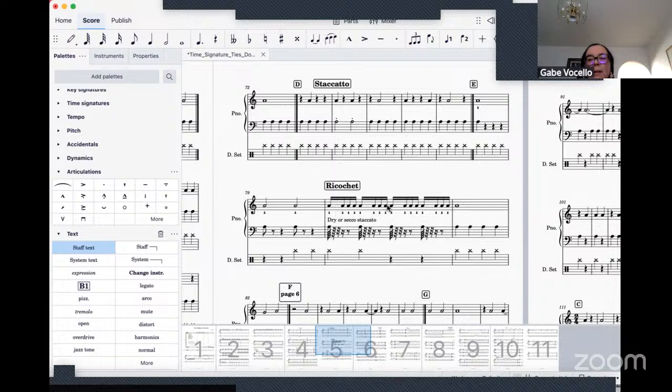Ta ta ta ta ta ta. So this here is equal to 1/16th note, 1/16th note.